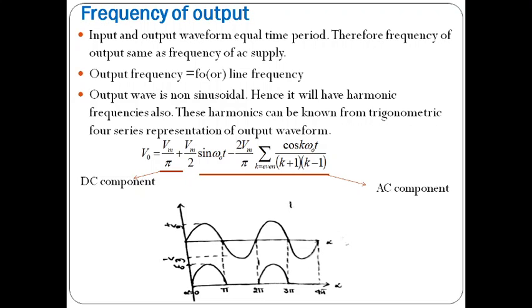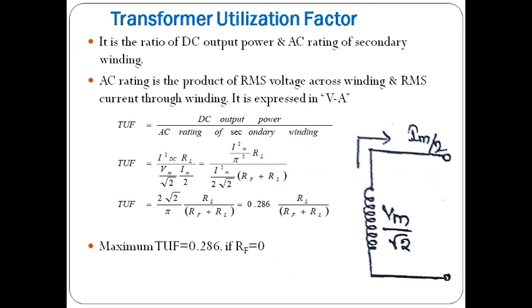Next, we'll discuss the utilization factor. It indicates how much we are utilizing the transformer. It's the ratio of DC output power to the AC rating of the secondary winding. So how much power is delivered by the secondary winding, and from that how much DC output power we are getting.